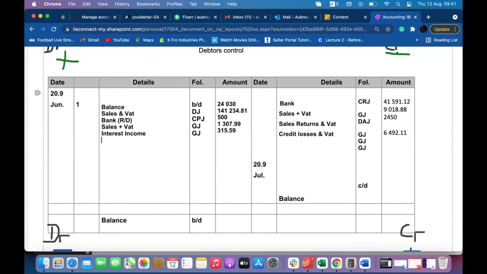Now this is why I find it problematic, because basically what you're saying is that there's a debtor that owes us.